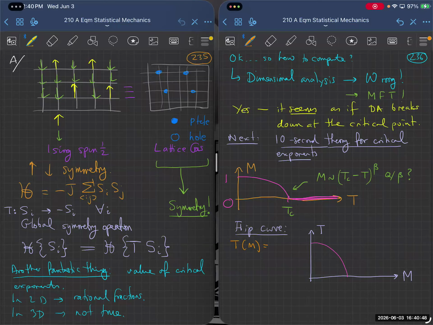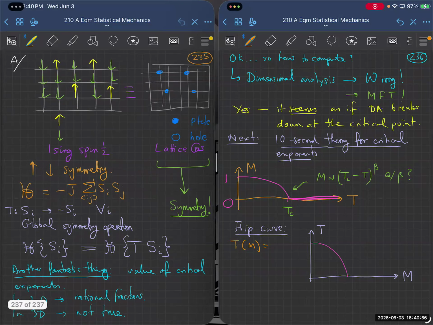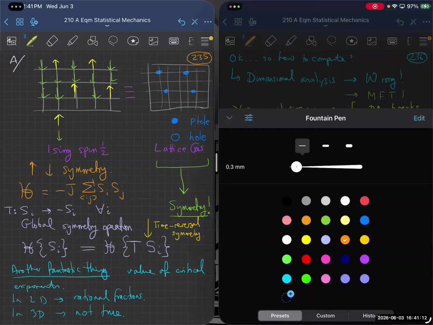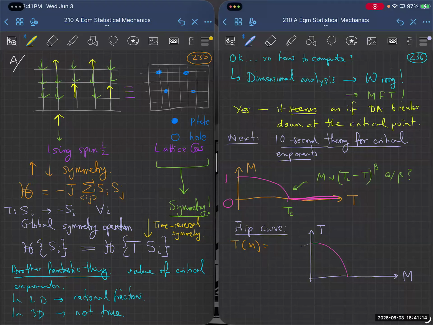Well, we know that this Ising model has time reversal symmetry. It's not a very good name because there's no time in equilibrium stat mech, but never mind, it's called time reversal symmetry. So because of this symmetry, on the other side, this curve comes down like this, and goes to negative values of m, like that.